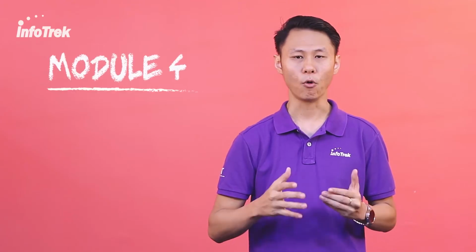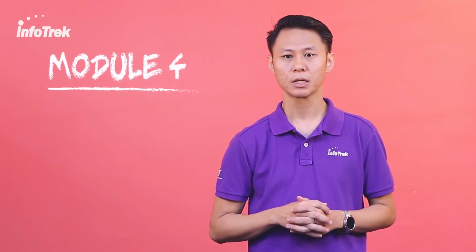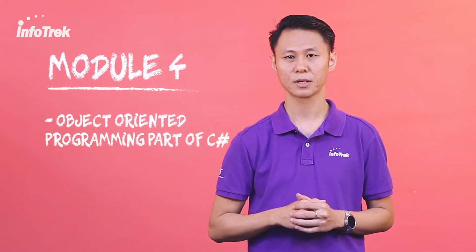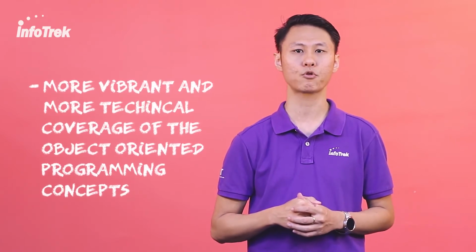Now, module number 4, which typically we may cover in day number 2, is where you'll learn the object-oriented programming part of C#. Unlike its relative, I would say, the C++ language, which has a more vibrant and more technical coverage of object-oriented programming concepts, C# can fully support 100% of object-oriented programming as well, but in a milder manner compared to C++.